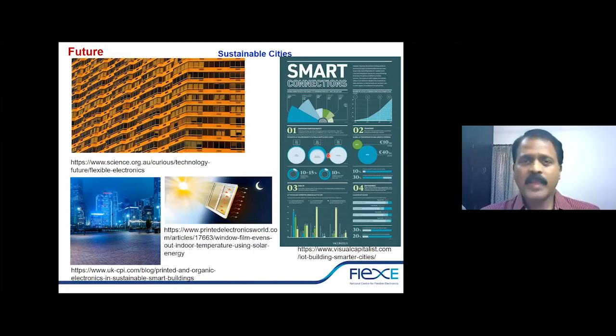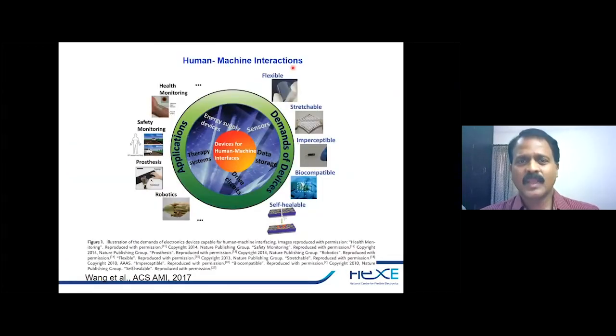Another topic of the future is human-machine interaction. What if electronic devices can be compatible with human tissue? That would open the door for several applications in health monitoring, safety monitoring, prosthesis, robotics, and so on.